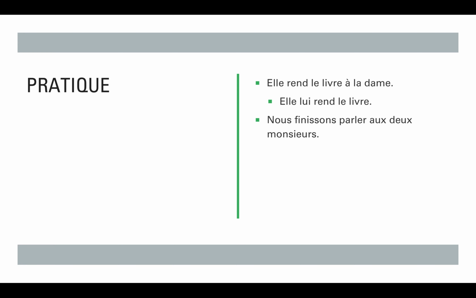All right, nous finissons parler aux deux messieurs. Notice that I have two verbs here. The question says we finish speaking to the two gentlemen. You're not saying we are finishing the two gentlemen, so it can't go in front of finish. We're finishing speaking to them, so it's got to go in front of speaking.